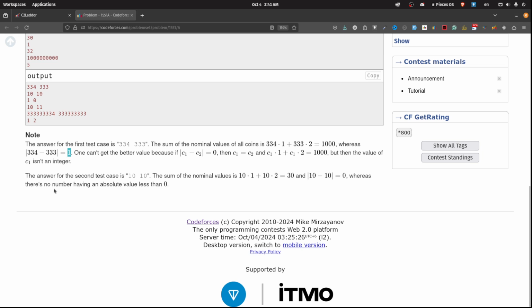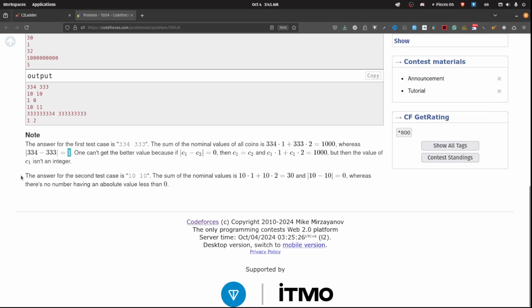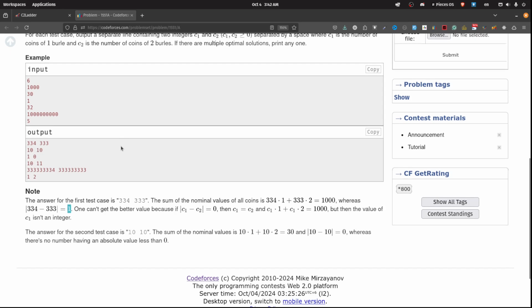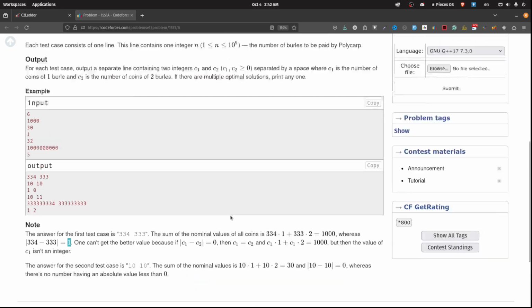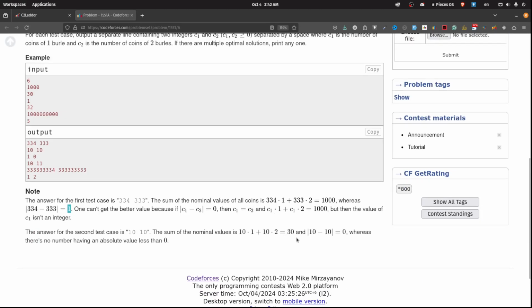In the second test case, the value of n is 30. The answer for the second test case is 10 and 10. c1's value is 10 and c2's value is 10. So 10 times 1 plus 10 times 2, that is c1 times 1 and c2 times 2, equals 30.